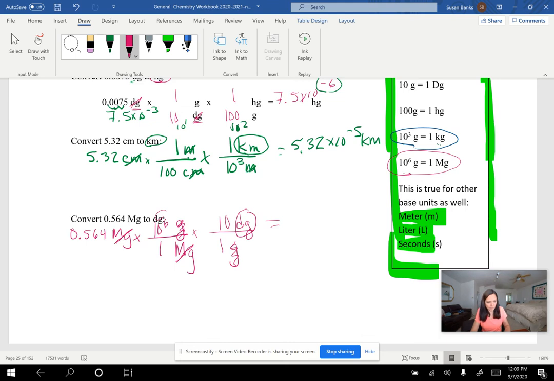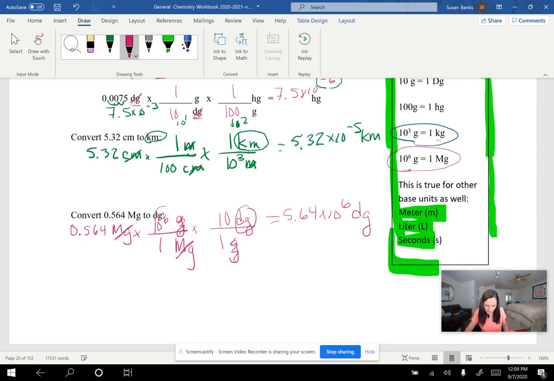And when we do that, we get this. I'm going to have to actually count my zeros. So 5.64 times, let's see, 1, 2, 3, 4, 5, 6 times 10 to the 6th decigrams is what I should get.